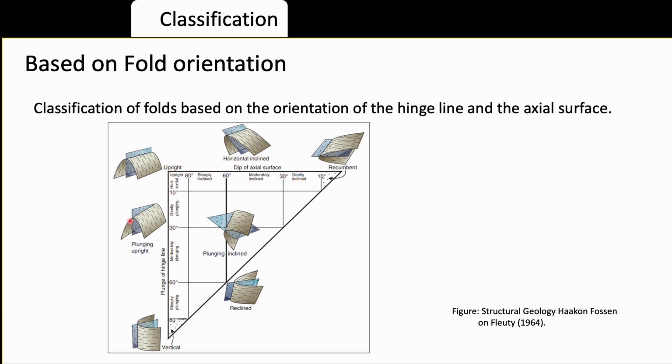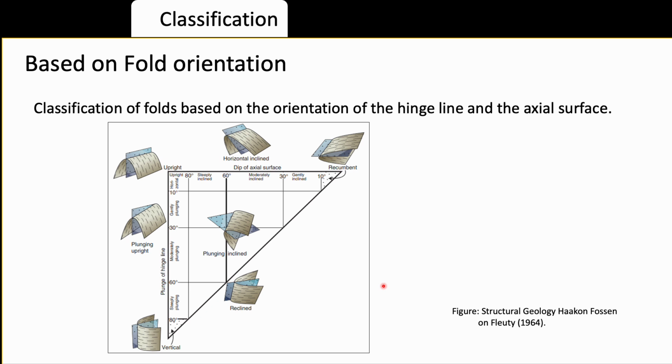It means the hinge line is at an angle with the horizontal. Now we have a vertical fold. In this, the plunge is around 90 degrees and the axial surface is again vertical, and this is known as a vertical fold. When we move from left to right, we have the inclined fold.